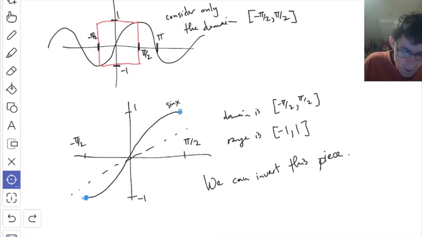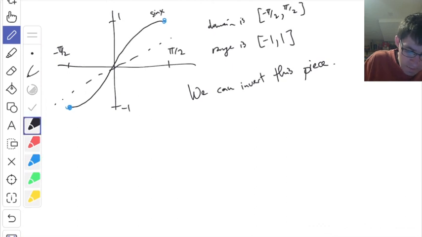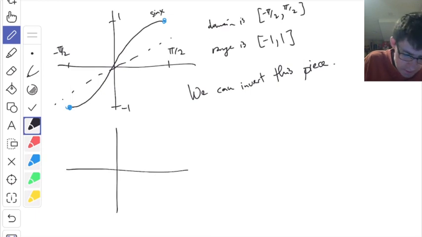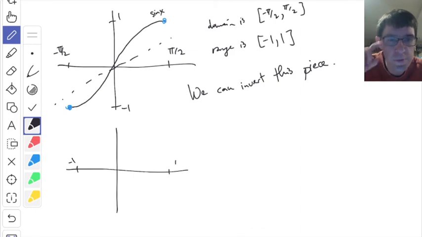And when I draw the inverse, I reflect this graph across that diagonal line, which means the marked y values, which used to be 1 and minus 1, become marked x values now, minus 1 to 1. And what were those marked values at minus pi over 2 to pi over 2? They used to be x values, now they become y values.